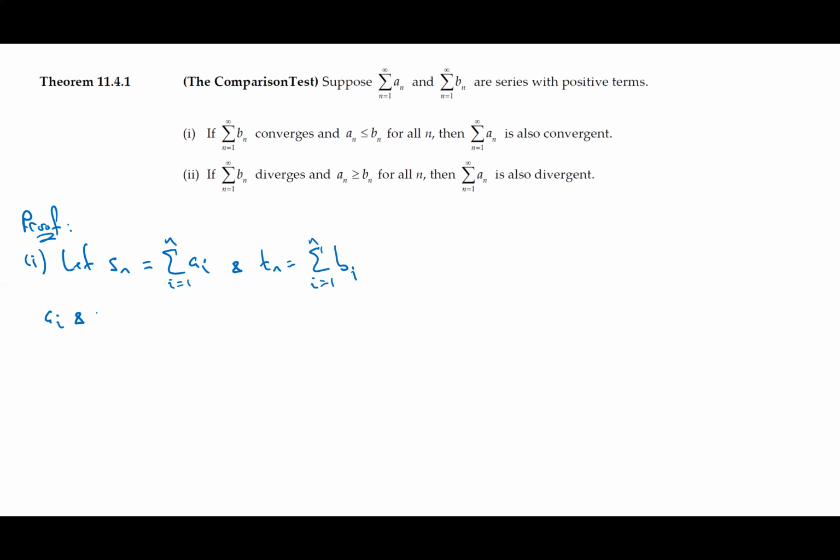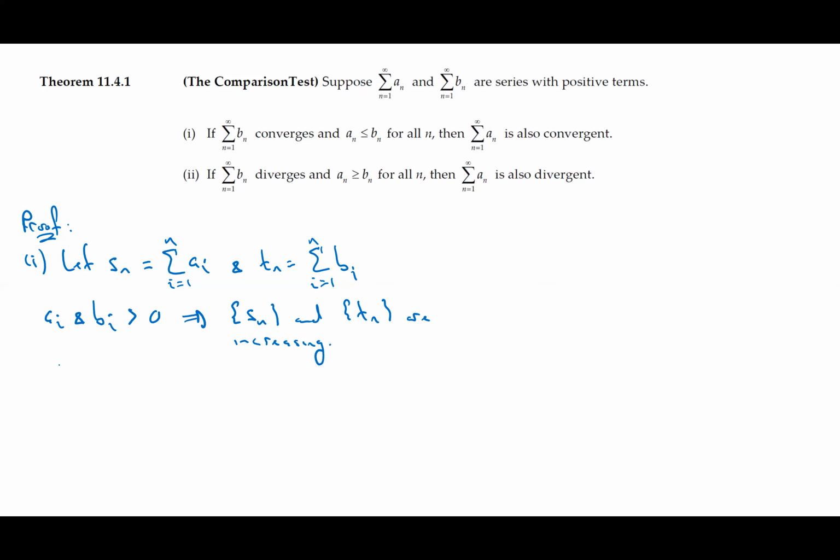We know that the AIs and the BIs are all greater than 0, which means that my partial sums are increasing. Think about it. You're adding positive terms over and over again.